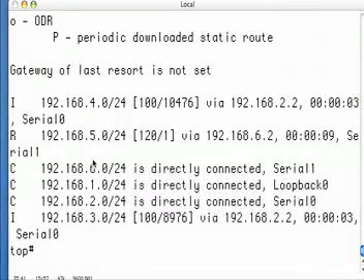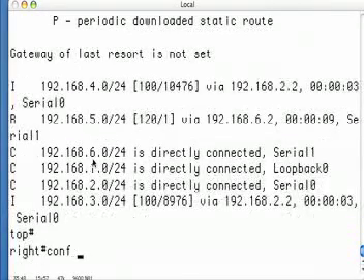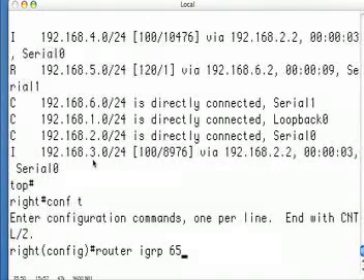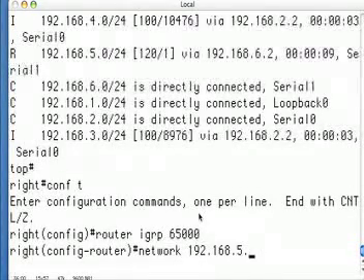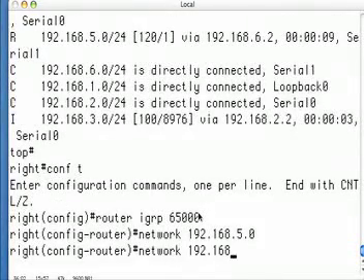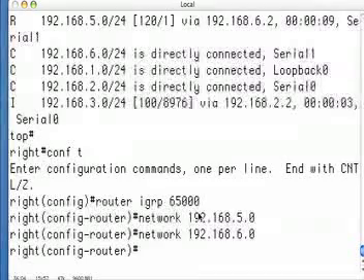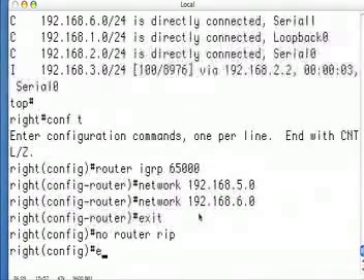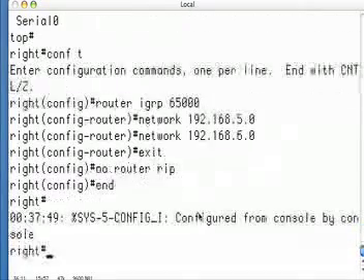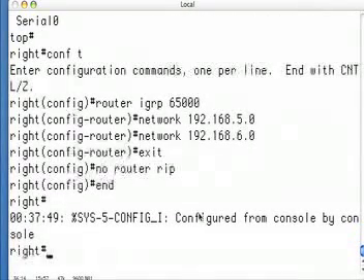So let's go ahead and go to the right router and finish our migration. Conf T, router IGRP 65000. Now what I need to do is enable IGRP, network 192.168.5.0, network 192.168.6.0, exit, no router RIP. So I've turned on IGRP on all of my interfaces here.